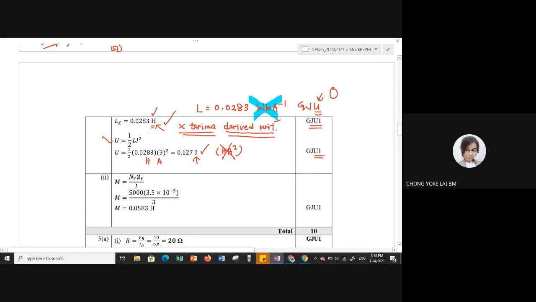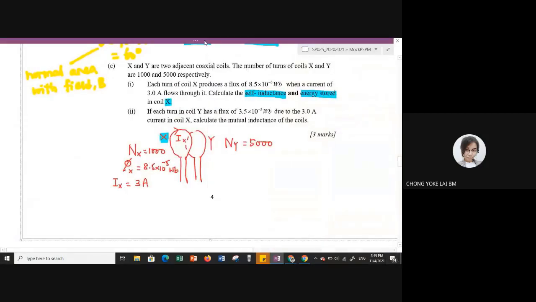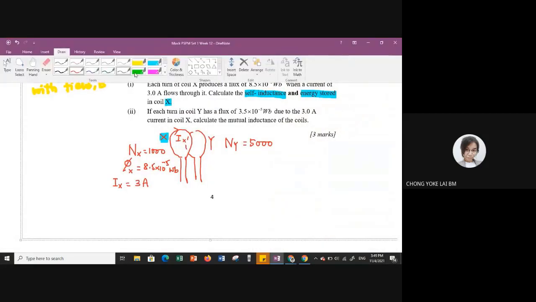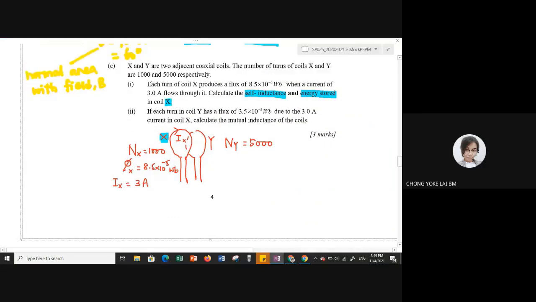Now the question says coil Y has a flux.